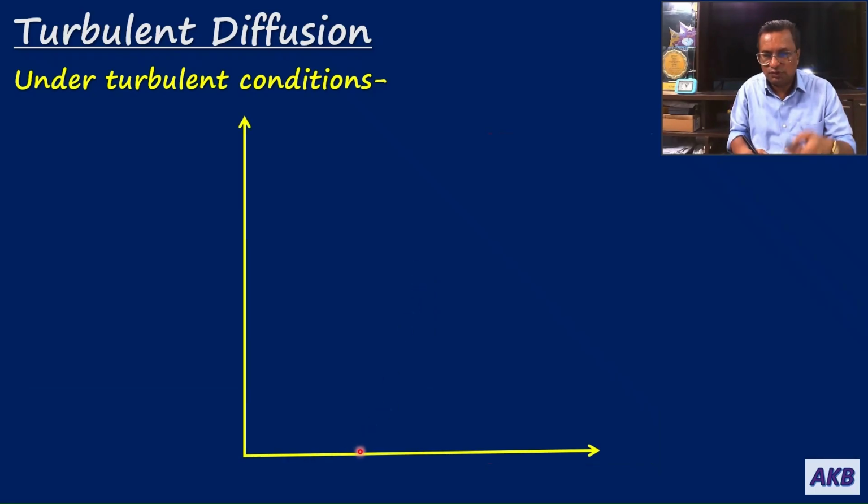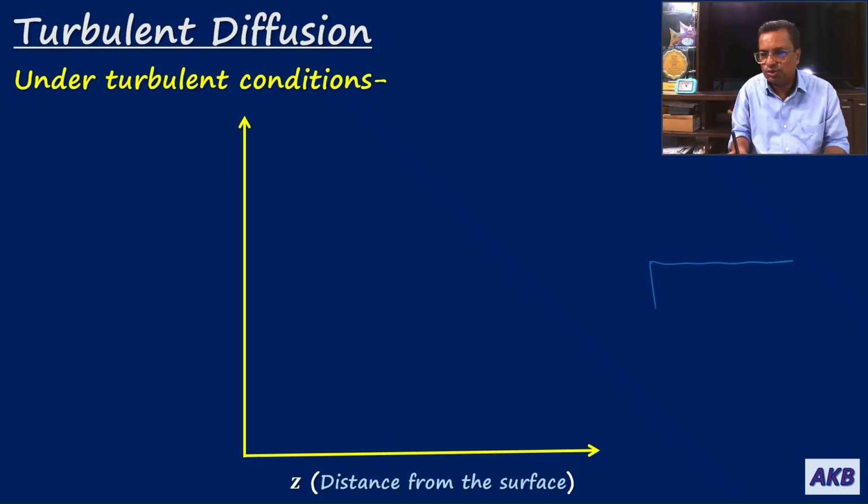So as I was talking about the concentration, if you plot distance z, which is distance from the surface, so let me just show. I had shown a pool of water and air was flowing past this pool of water, and now we are talking about distance z from the surface.